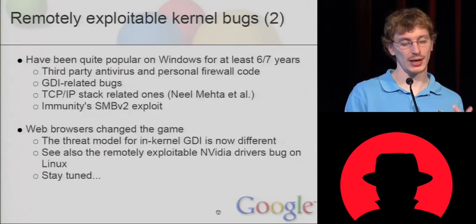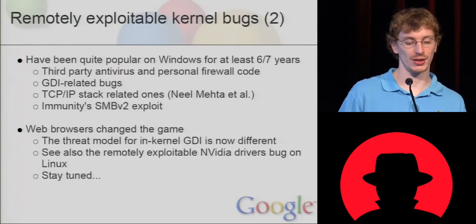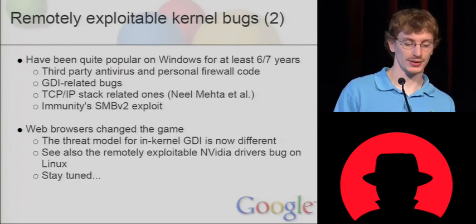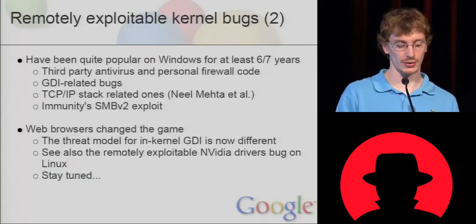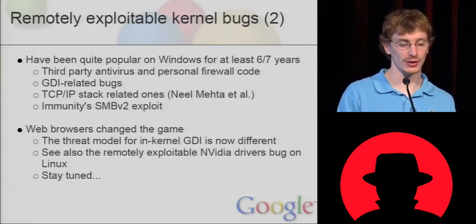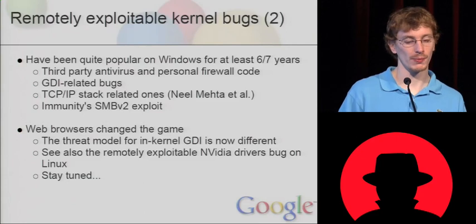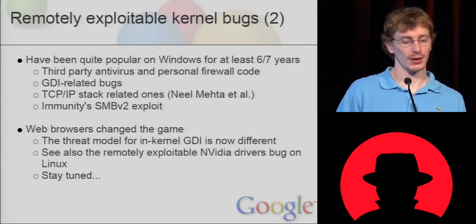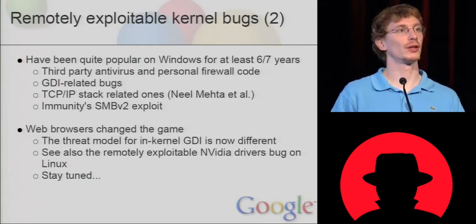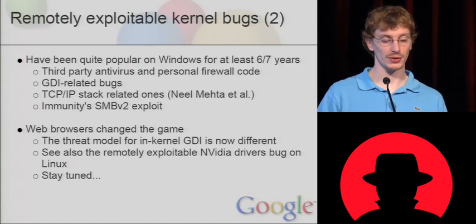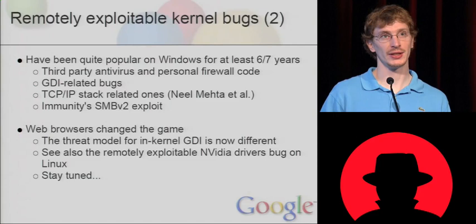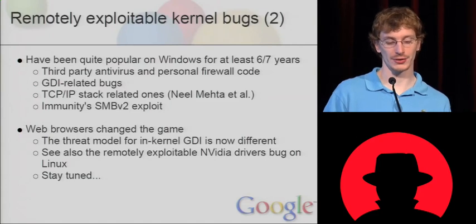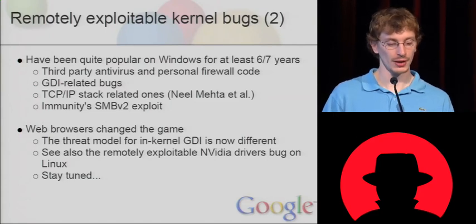On Windows, they have been quite popular for at least 6-7 years. I think actually Barnaby Jack, who gave a talk yesterday, gave a talk in 2005 on some remote kernel bugs on Windows, and usually the target was not Microsoft code itself, but mostly third-party native code in antivirus and personal firewall.